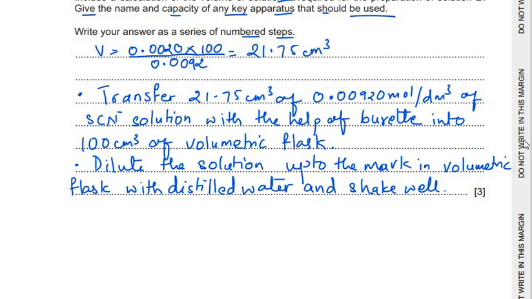Both the steps should be very clearly written, with all the specific volume and capacity of the apparatus. So we need to specify that a burette is used, we have also specified the concentration used, and we also specify that distilled water is used to dilute the solution, and at the end shake well also, because that carries marks. It's clearly written: write your answer as a series of numbered steps, and the key apparatus should be specified. So all of it is specified here.